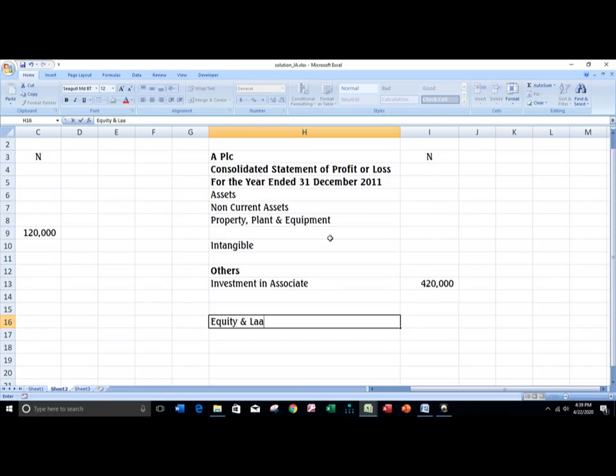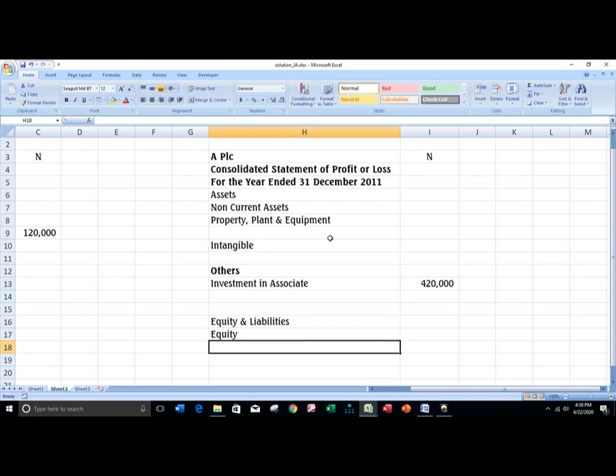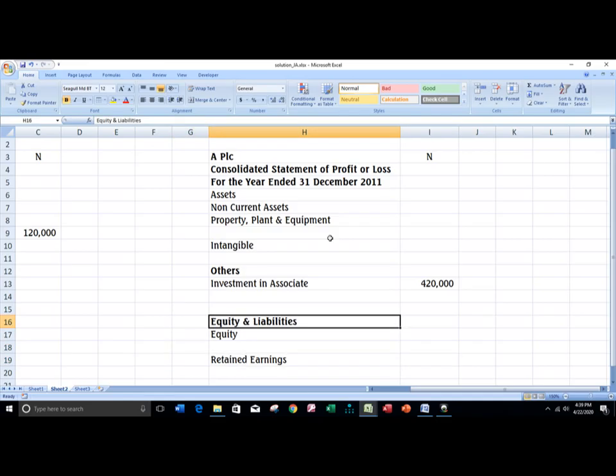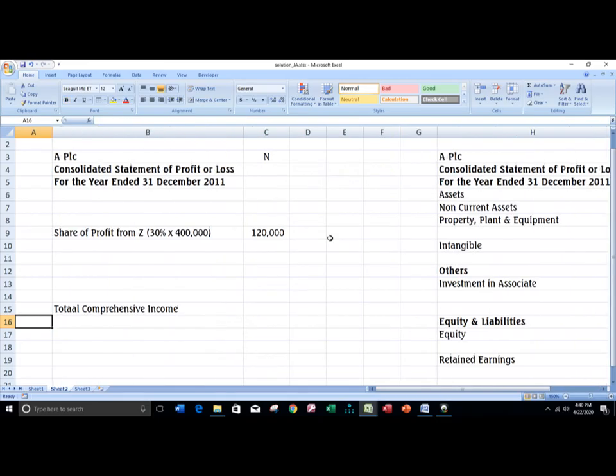Under equity, we put the figure, maybe ordinary share capital, and then retained earnings. So that profit of 120,000 will be part of it. If you follow the accounting equation very well, you'll find that the asset side of the statement of financial position has gone up by 120, and the same has also happened to the equity and liability side.